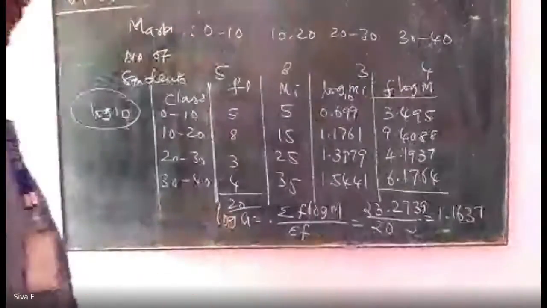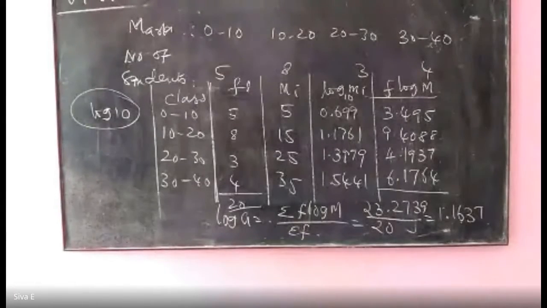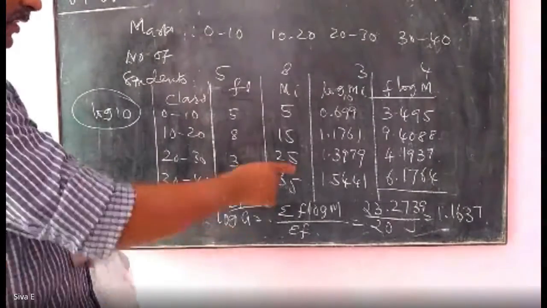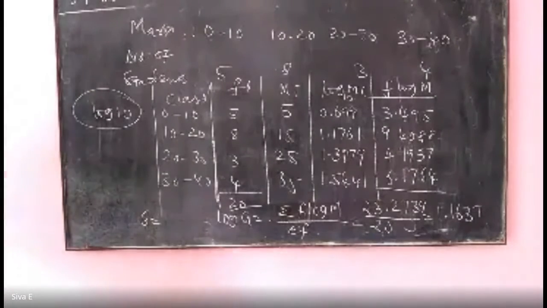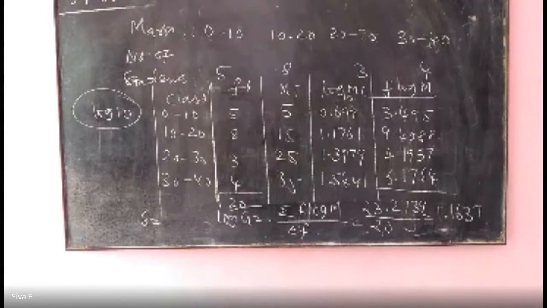So when you find the log G value, then find the anti-log of it to get G. What is the anti-log of 1.1637?